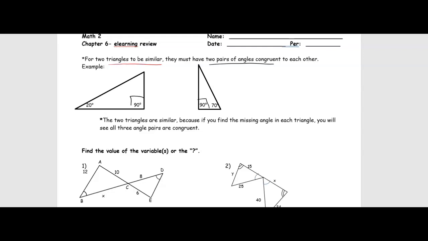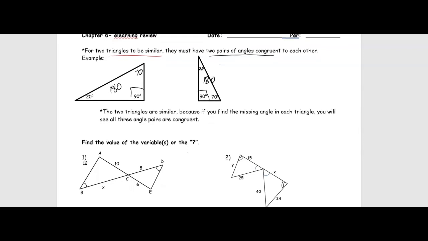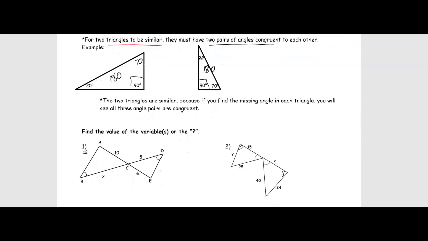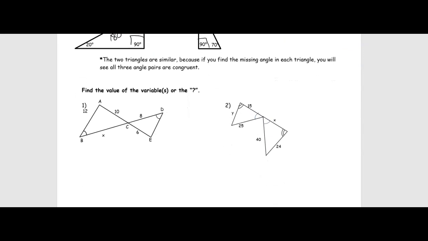The two that are left over aren't congruent, but if we understand that it's all 180 inside, this angle here would have to be 70, so those add up to 180. This angle would have to be a 20, so that these also add up to 180. We can see all three angles are congruent, so we have what are called similar triangles, which means all of their sides are proportional to each other.